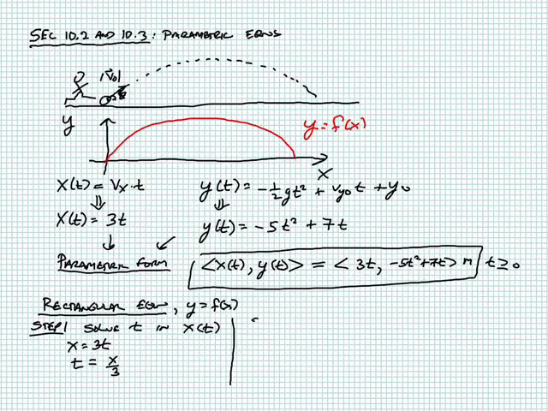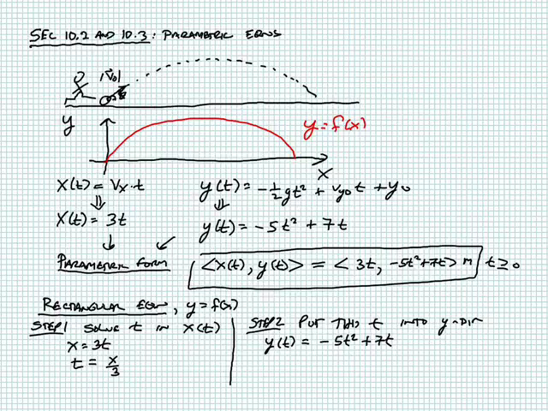Then step 2 is to put this time into the position equation in the y direction. Note that the y direction is initially a function of time. So the y position as a function of time is equal to minus 5t squared plus 7t.